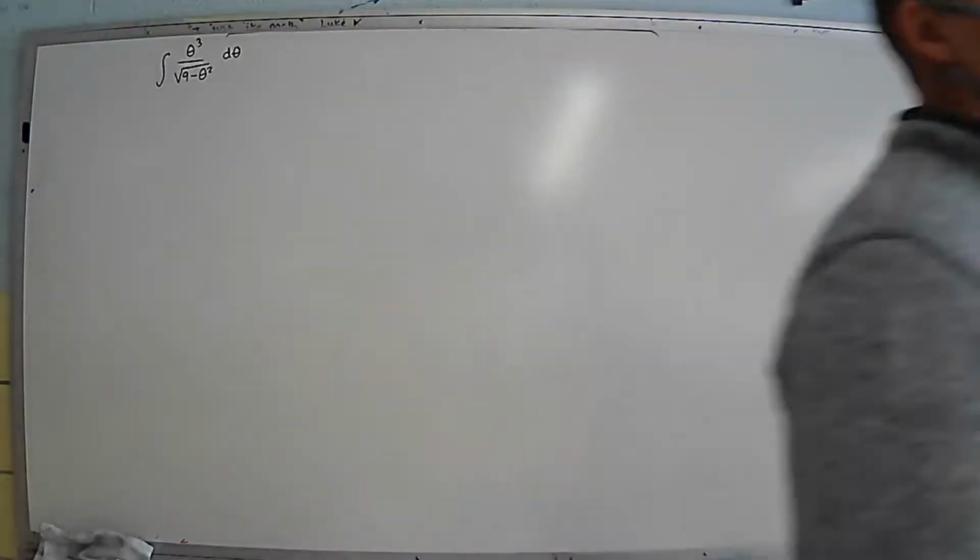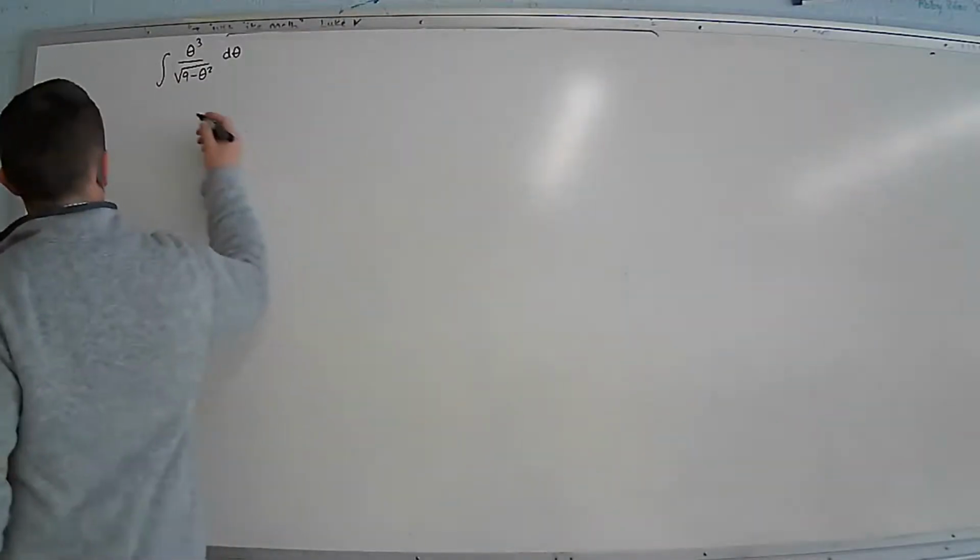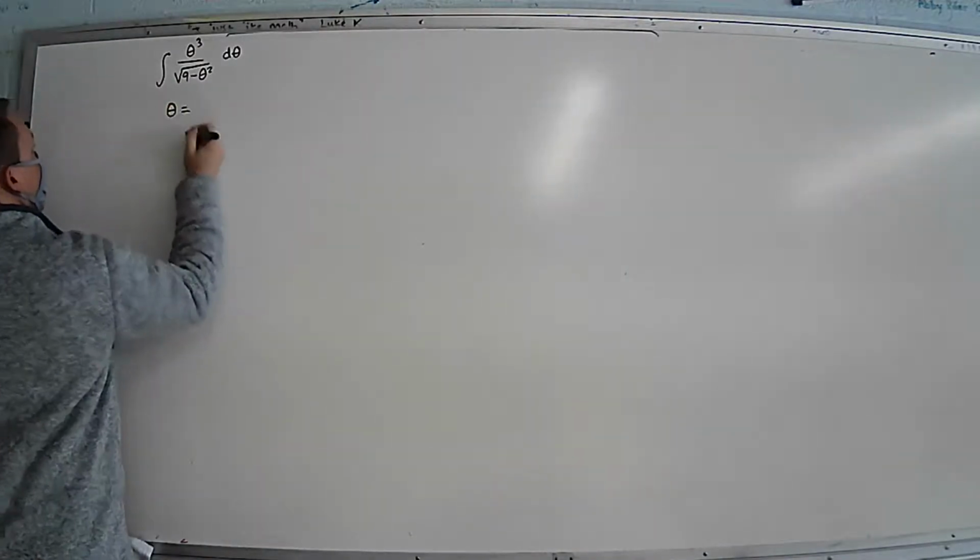They use theta, so now we have to say theta equals sine of x. You know what I mean? That's annoying. But we'll just do it. Okay, fine. So theta equals what? This is a trig sub. 3 sine of x.